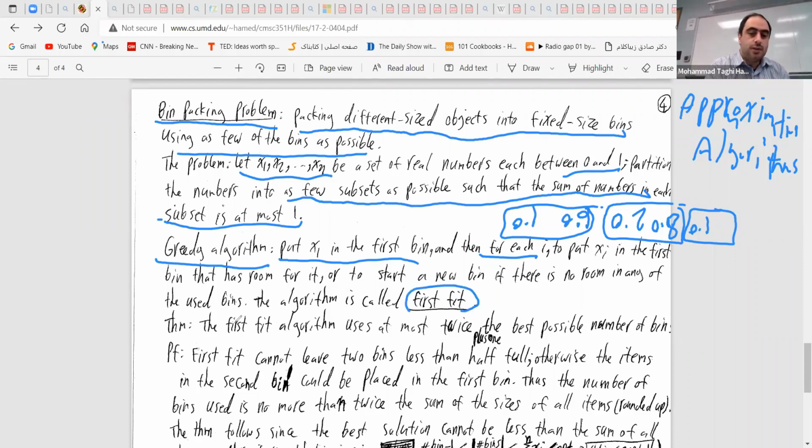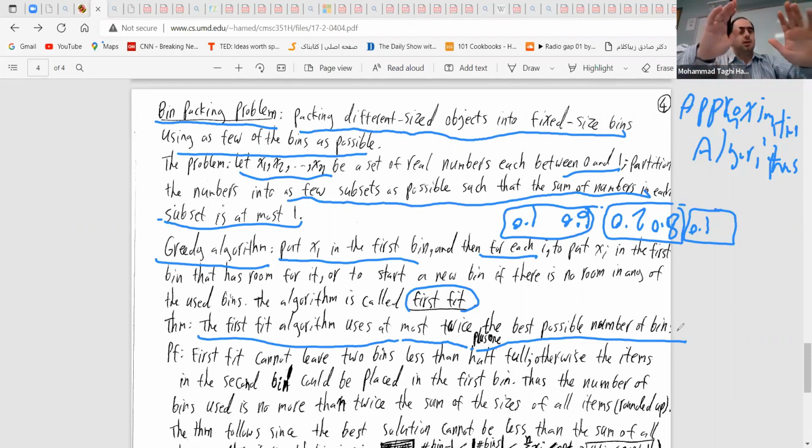Now, the first fit algorithm uses at most twice plus one the best possible number of bins. If there is some algorithm, think of God or a prophet, that gives you the best solution, you can guarantee that first fit is within 2 times that number plus 1. We just call it opt.